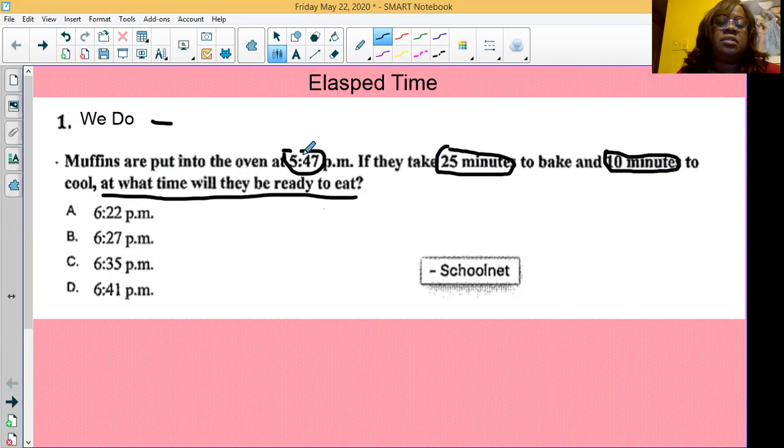So we're going to start at a time, and we have to figure out the elapsed time that is given. So the 25 minutes and the 10 minutes will represent the elapsed time. And I'm trying to figure out what the end time would be. So the first thing we need to do is draw our timeline. So go ahead and draw your timeline.